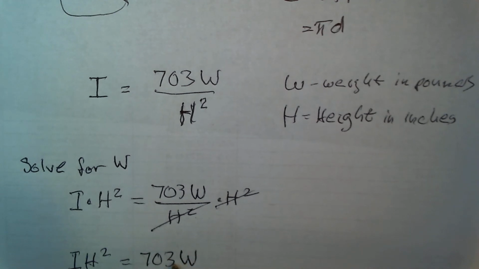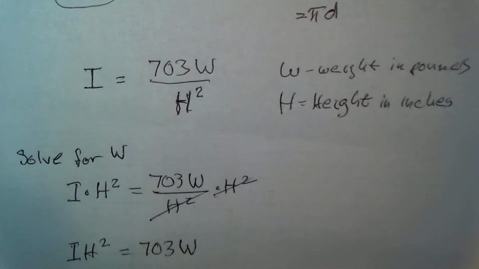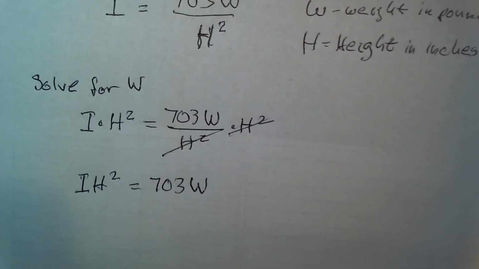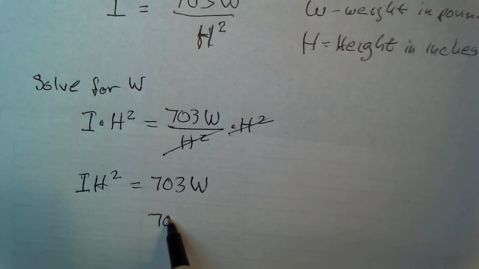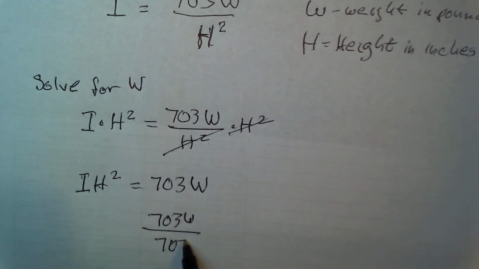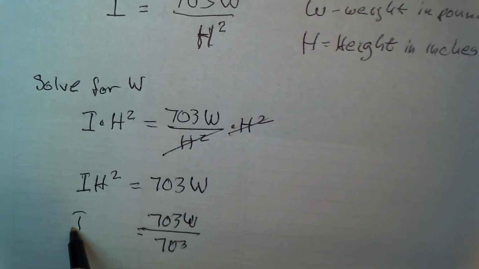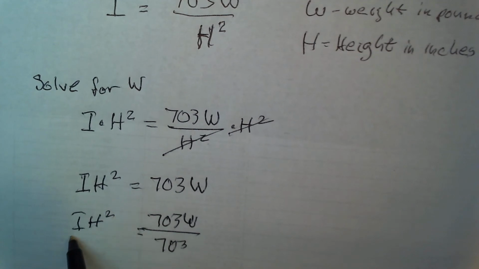And remember, 703 is a coefficient of W, so to isolate W, we divide both sides by 703. So 703W divided by 703 equals I h squared divided by 703.